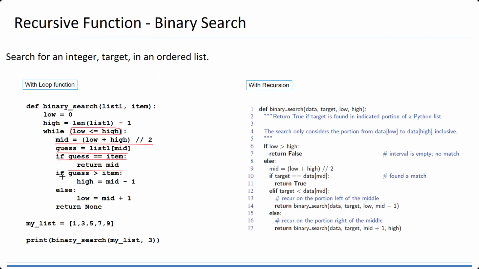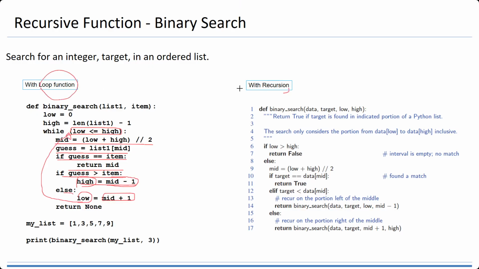If it is not, check whether the number you want to find is higher than the mid or not. If it is higher than the mid, then set the high equal to mid minus 1. If it is not, then set the low equal to mid plus 1. Then we do the repetition. You can do this with a loop.